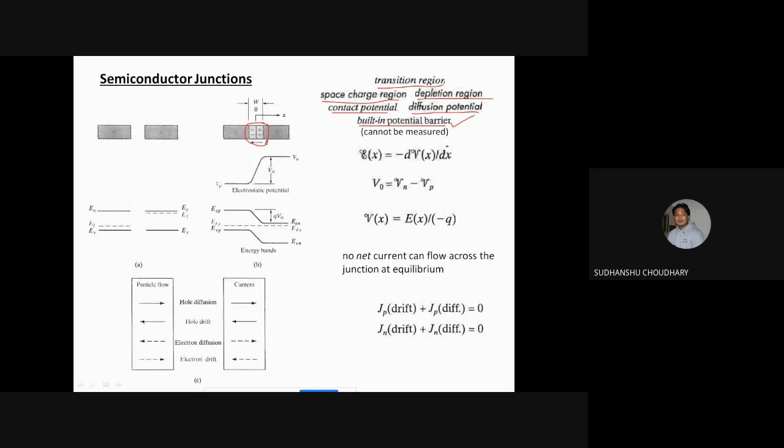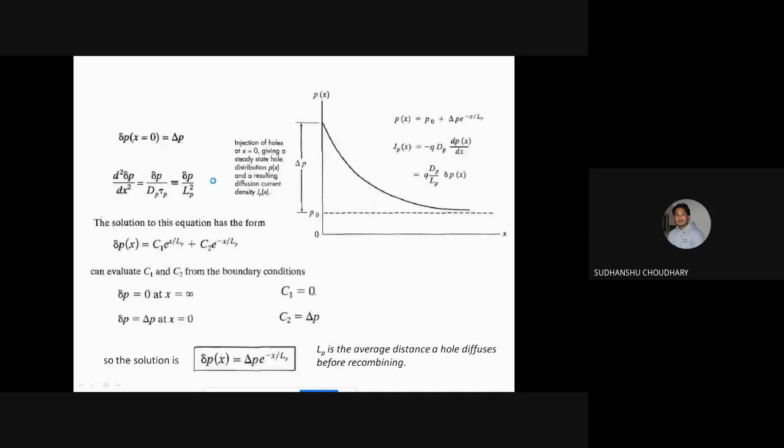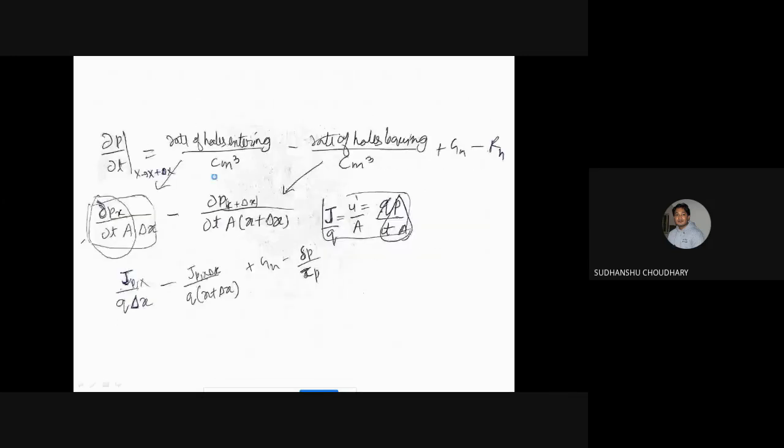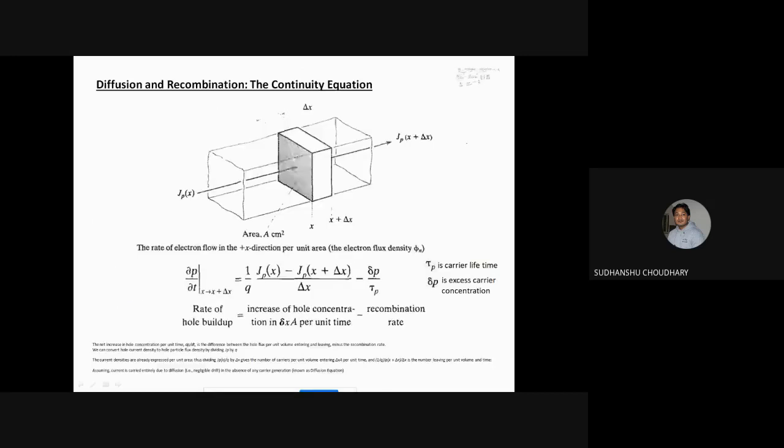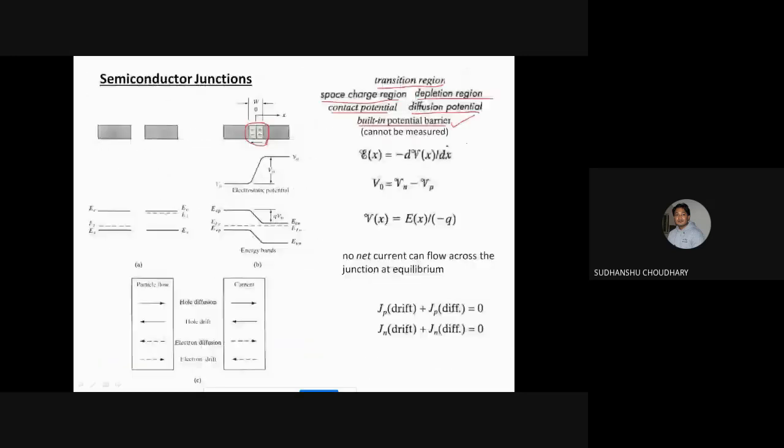It is also called built-in potential. Why? Because, as we commented some time back, whenever there is a diffusion, that diffusion is counterbalanced by an electric field which is set up. This electric field is called the built-in electric field, which will redistribute the carriers by drift. That is why it is called the built-in potential barrier.